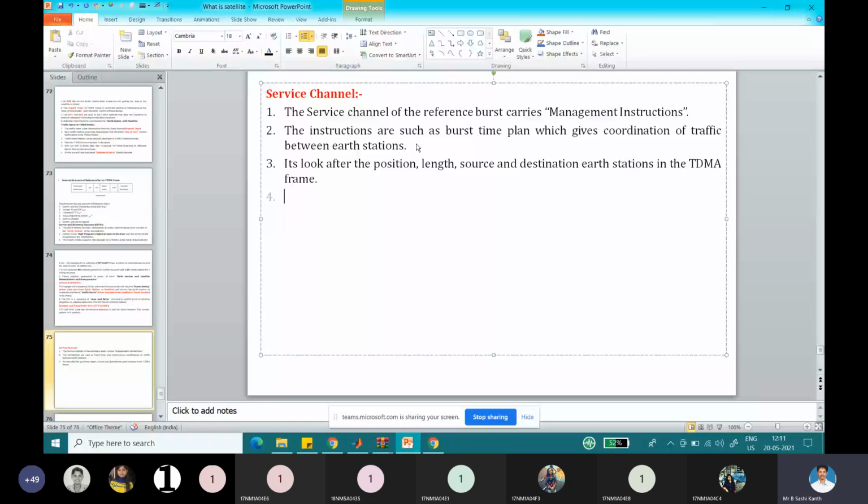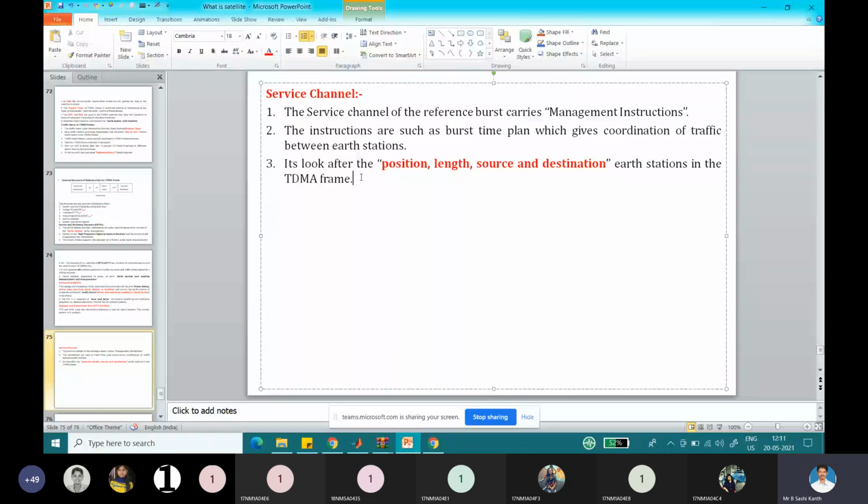It will also look after from which source earth station you are getting data and to which destination earth station you want to send. These all things are present in your service channel, for the bits that are there in the TDMA frame. It helps you to understand this. Okay. Next point.